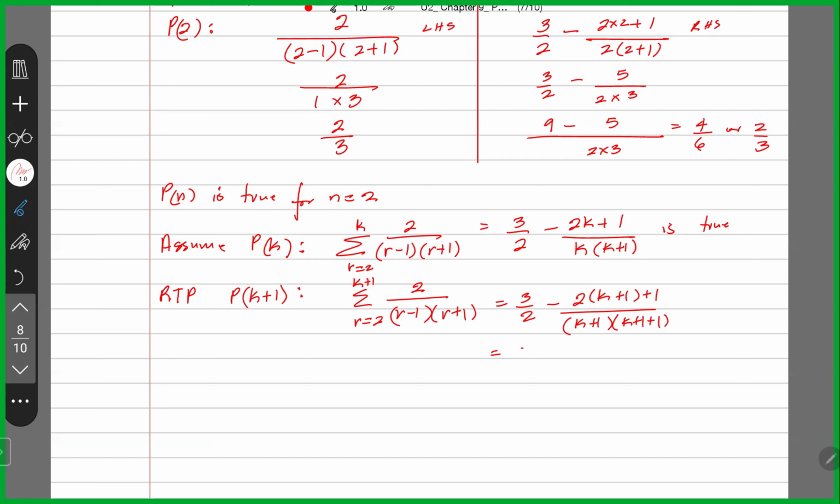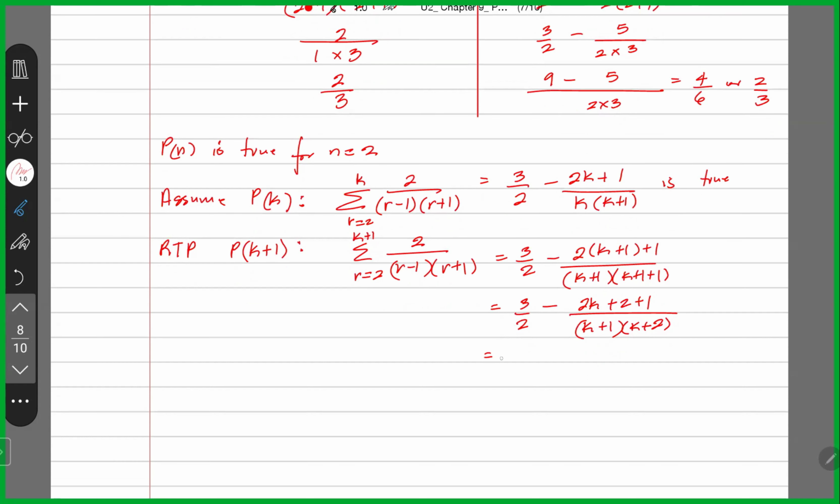Simplifying, we have 3 over 2 minus (2k plus 2 plus 1) all over (k plus 1)(k plus 2), and this is 3 over 2 minus (2k plus 3) all over (k plus 1) times (k plus 2).